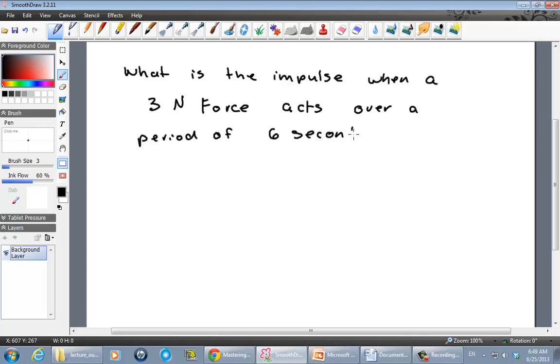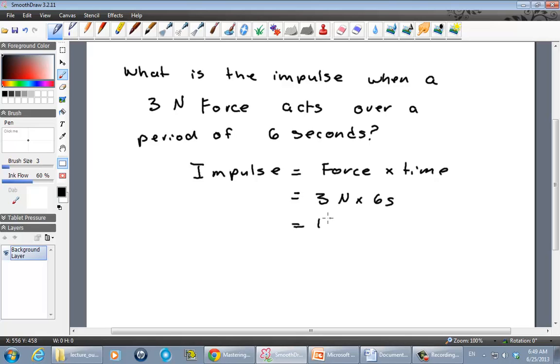Okay, remember your formula for impulse. Impulse equals force times time equals 3 newtons times 6 seconds, which is 18 Newton seconds.